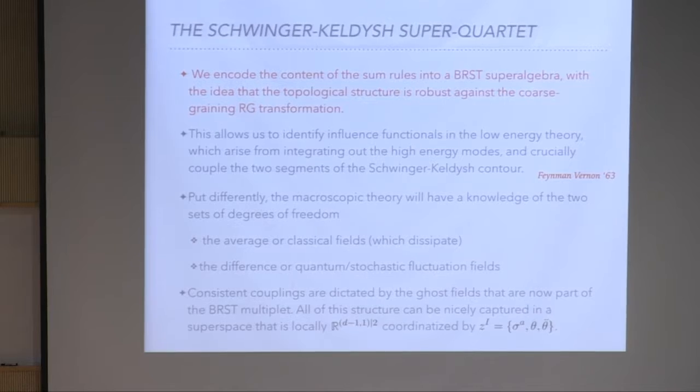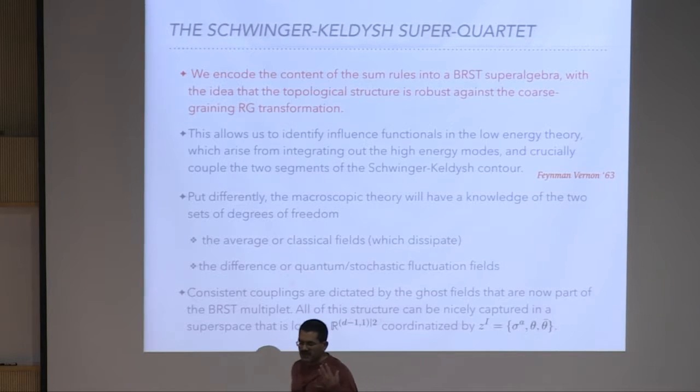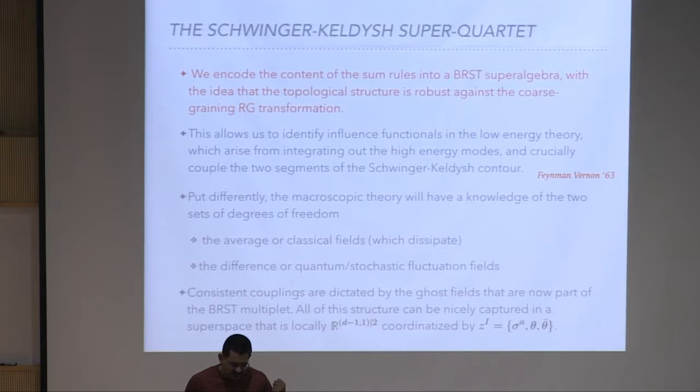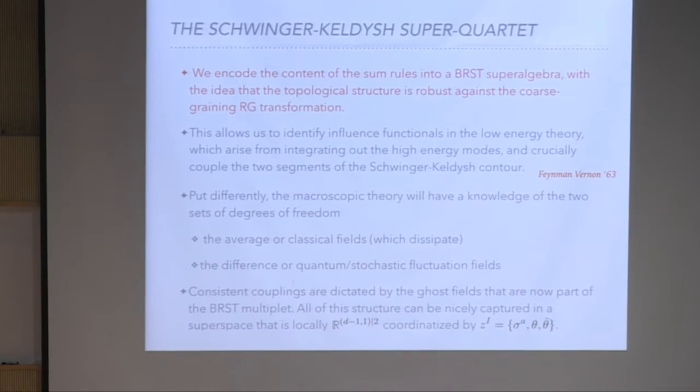So that's the goal, and for us the main reason to do all this was that the moment you say there's a symmetry algebra and the symmetry algebra is topological, you can immediately pass to a superspace, and you can just write down terms. You can write down a one-line Lagrangian which captures all the information.